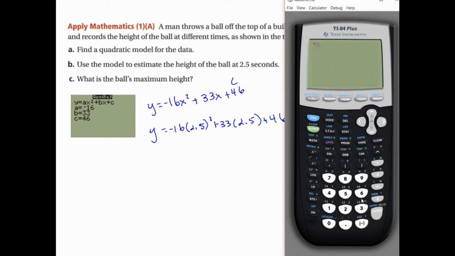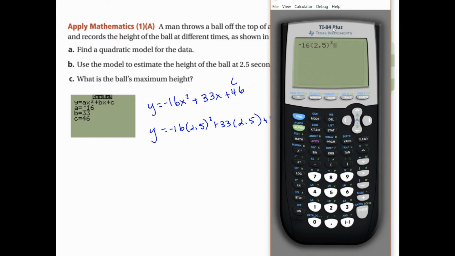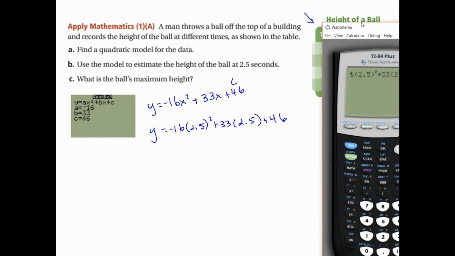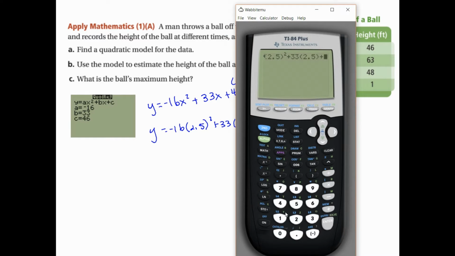So negative 16 parentheses 2.5 and then squared, and then plus 33 parentheses 2.5. Then what do I have over here? Plus 46, right? Yeah, plus 46. Enter. So at about 2.5 seconds, the height of the ball is about 28.5 feet.